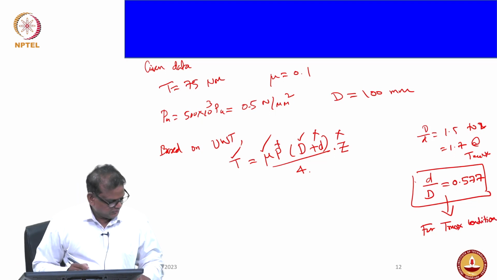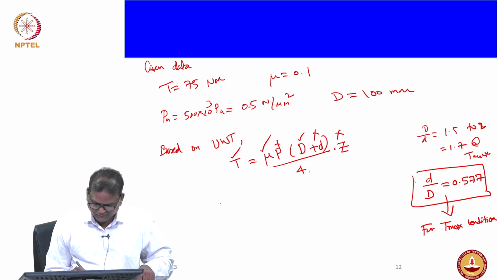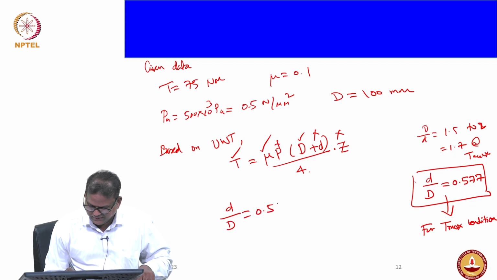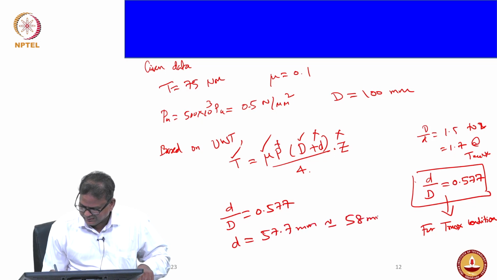So when d by D is 0.577, we can find d straight away as 57 millimeter, approximately 58 millimeter.